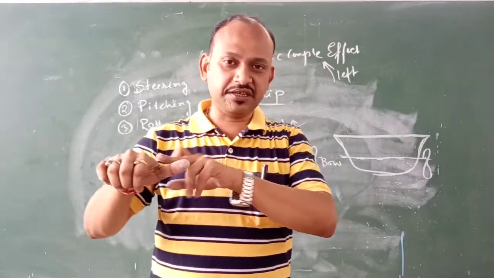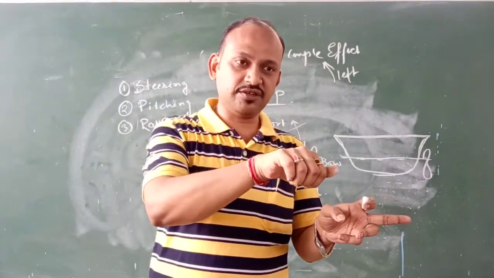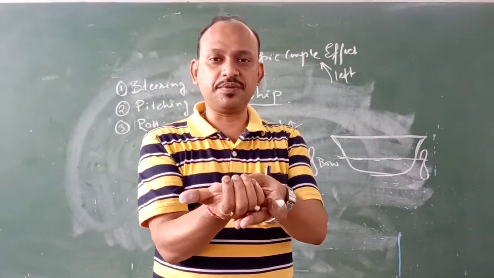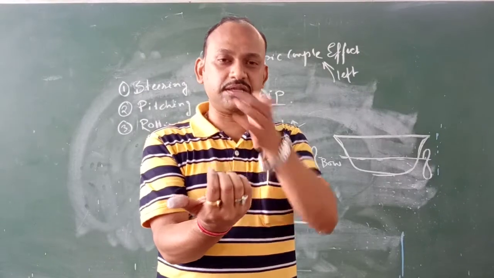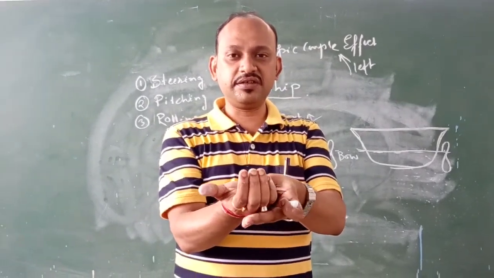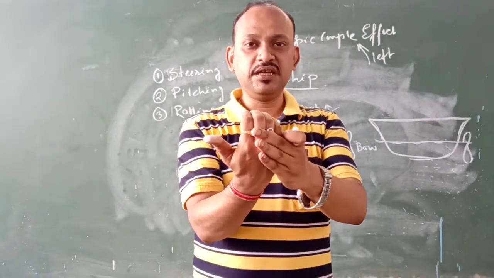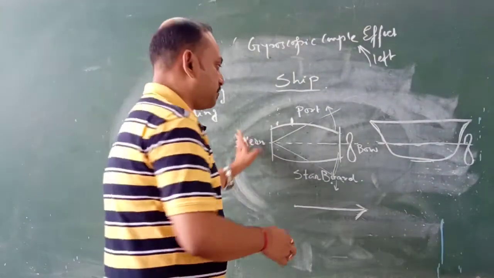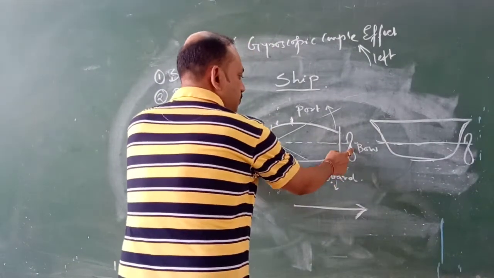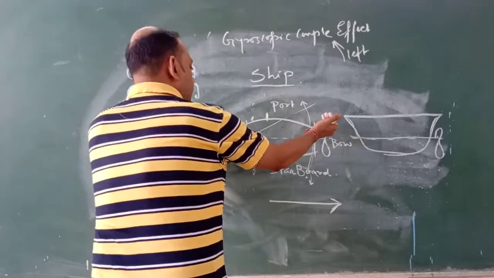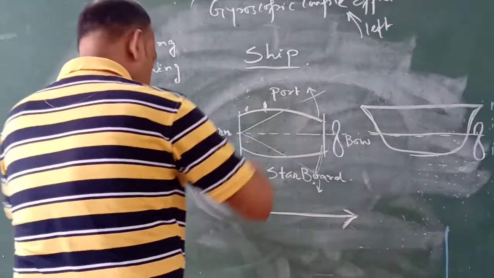In the left direction, this is the direction of active gyroscopic couple and this is the direction of reactive gyroscopic couple. So what is the sense of reactive gyroscopic couple? The reactive gyroscopic couple is acting in the upward direction. So when it is acting in the upward direction, that means the bow portion should move in the upward direction and the stern should dip down.